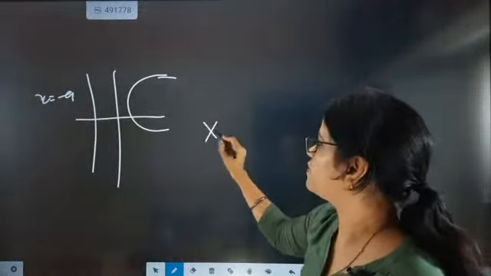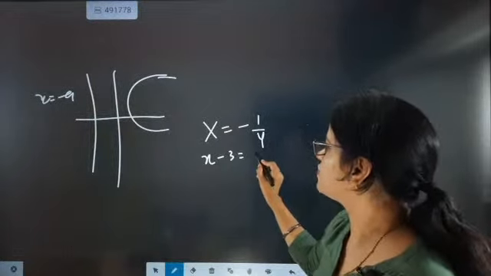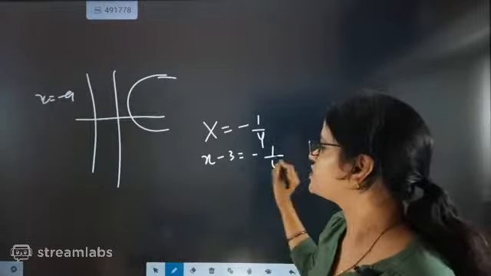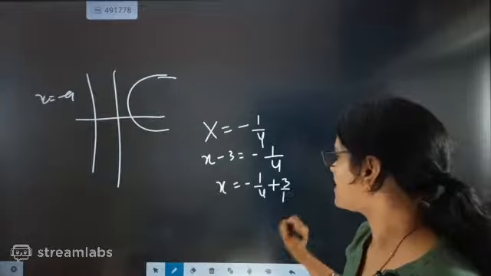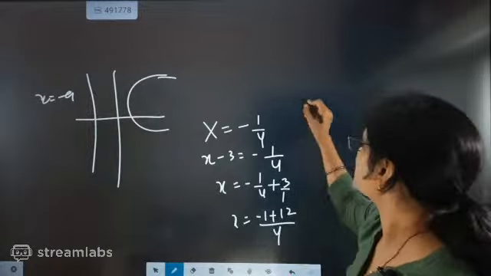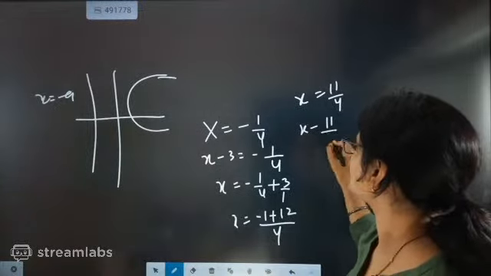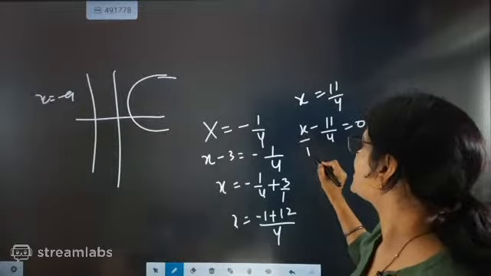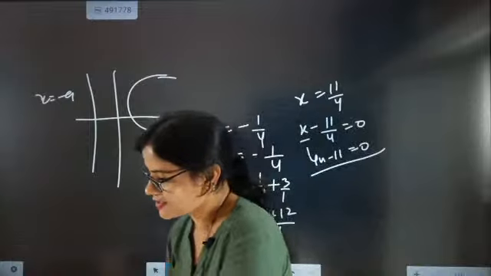Then x minus 3 equal to minus 1 by 4. Shift this one to that side, Gautam. So minus 1 by 4 plus 3. Take LCM, so minus 1 plus 12 by 4, so x will be equal to 11 by 4. If you shift this to this side, x minus 11 by 4 equal to 0. Take LCM, 4x minus 11 equal to 0.